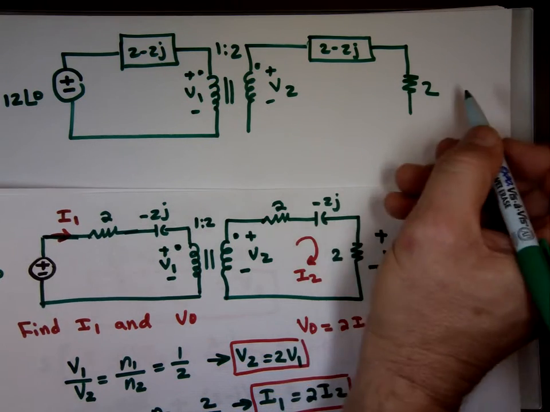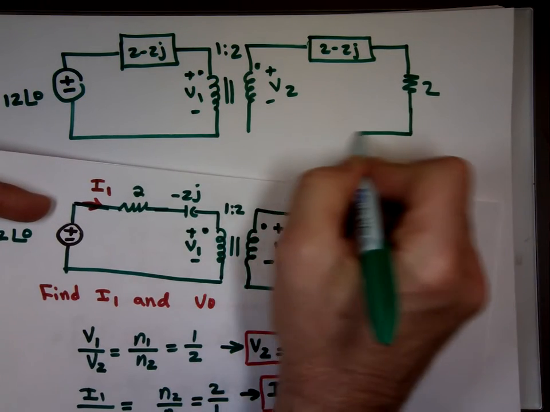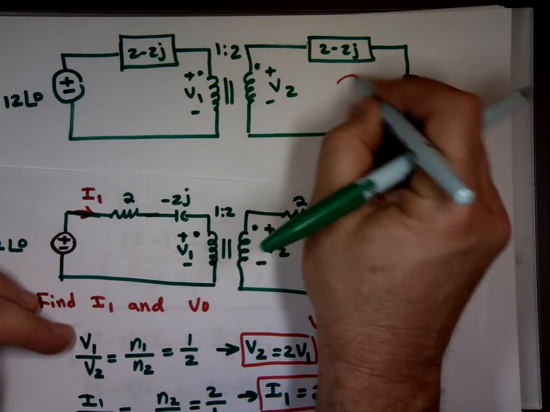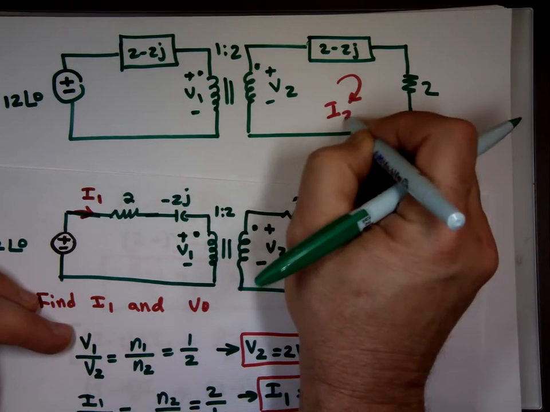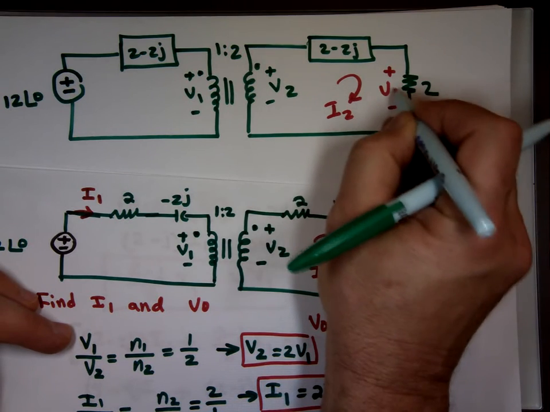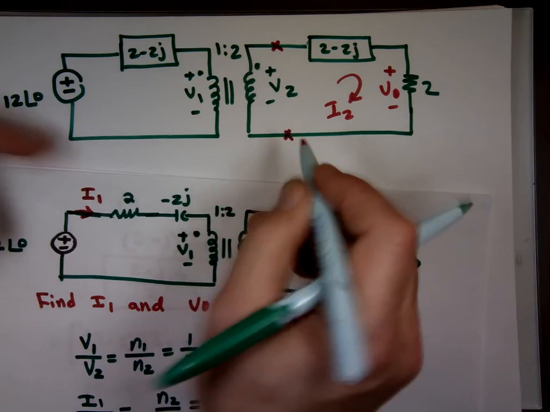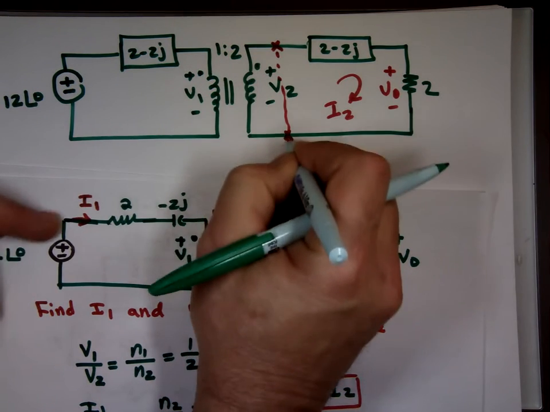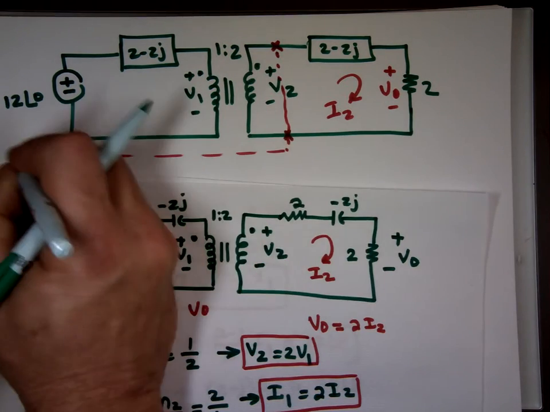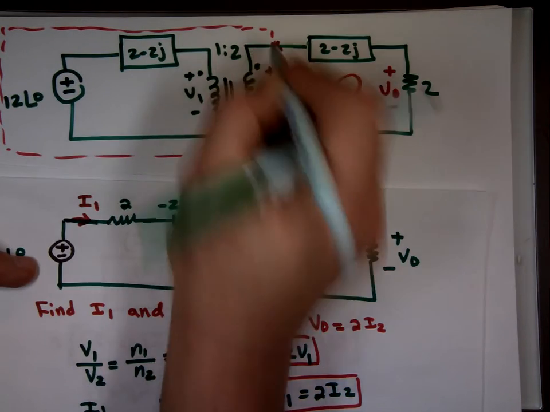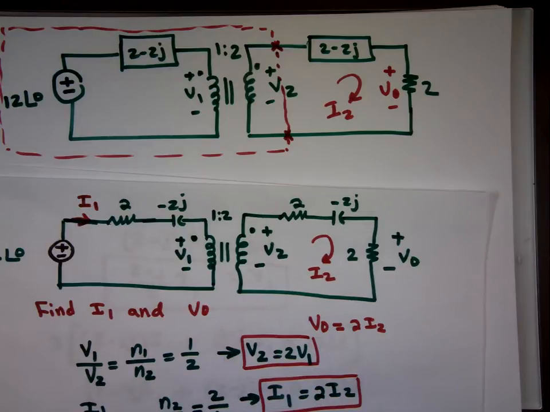Two here. And I'm looking for V out. This is I sub 2, and this is V out. I can chop the circuit right here and find the equivalent of this part, because if I do that, I still have I sub 2. That doesn't change I sub 2. If I know I sub 2, I can tell you what V out is.